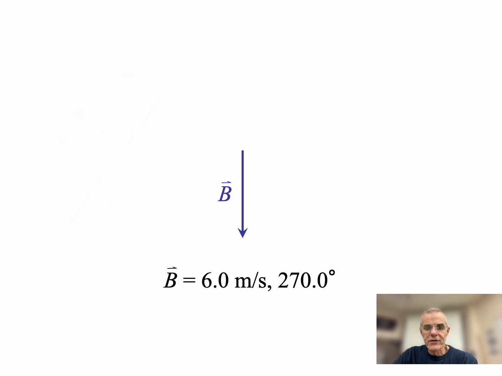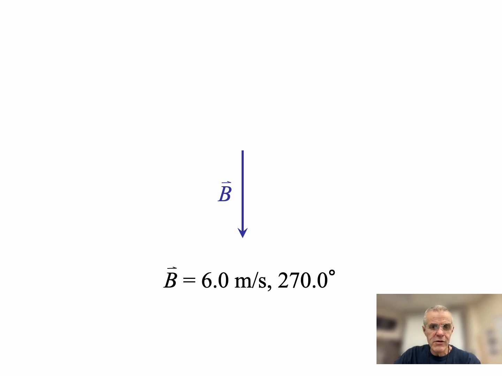Here's a vector B. 6 meters per second, 270 degrees would be a velocity vector, kind of like our wind example. The vector B has a magnitude of 6 meters per second, but I could draw it 6 units long if I want to illustrate it graphically. And then the 270, do you see where that's coming from? Imagine it. Can you see that angle in your mind's eye?